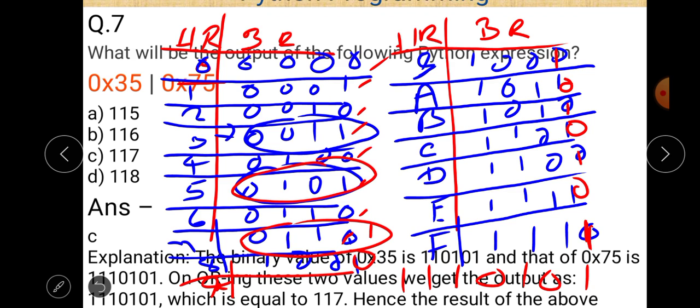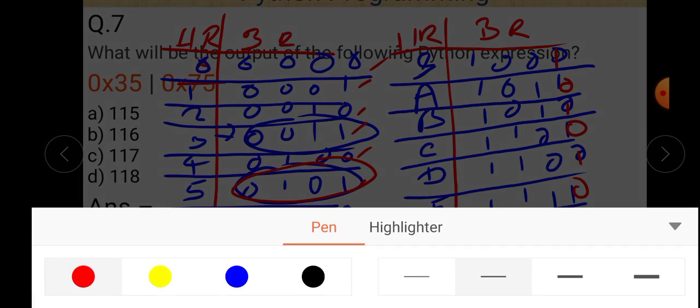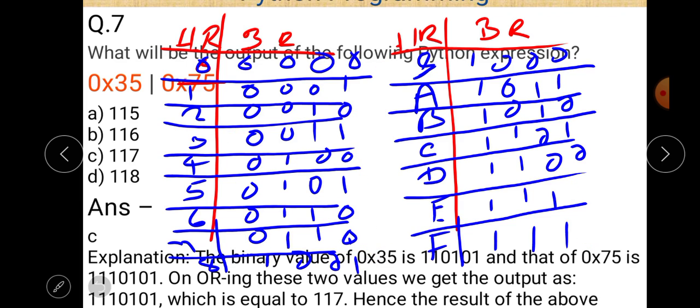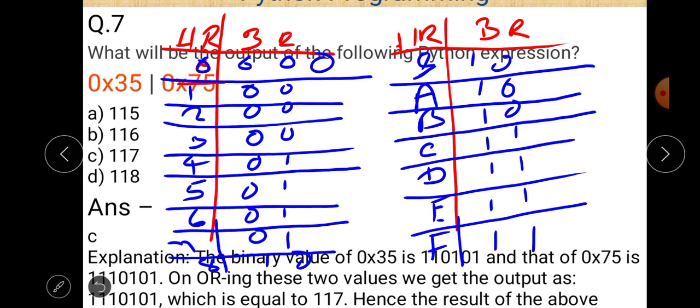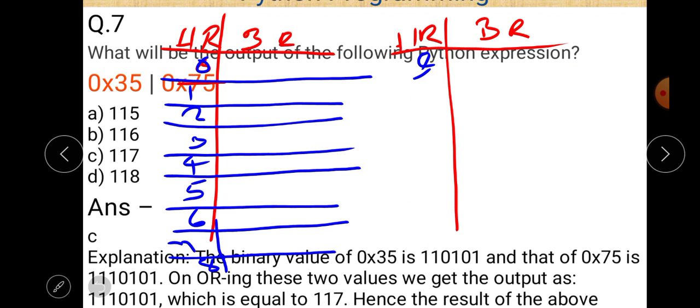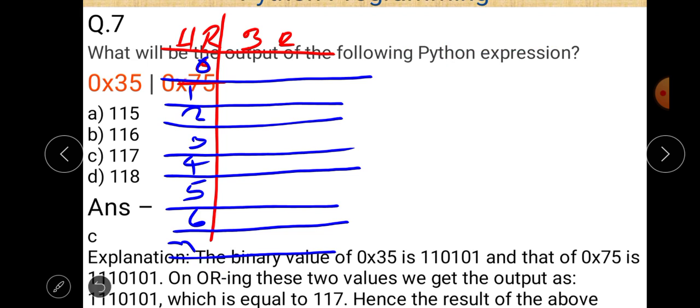You get the binary representation of each hexadecimal digit. Now I think all of you know how to convert a hexadecimal number into its binary form.